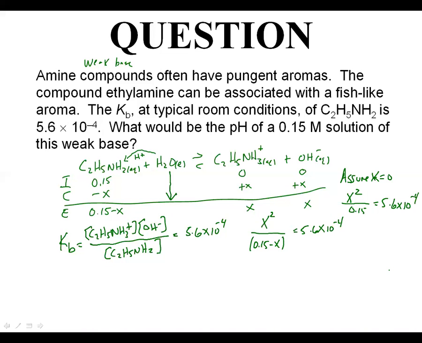Now, if we do that and solve for x, 0.15 times 5.6 times 10 to the minus 4 gives us a square root, and that gives us something like x equals 0.00917, which if we divide by 0.15 and multiply by 100, based on our 5% rule, we get like 6.1%, which is very close, but we're going to follow that rule, which in this case, sadly, means this is a bad assumption.